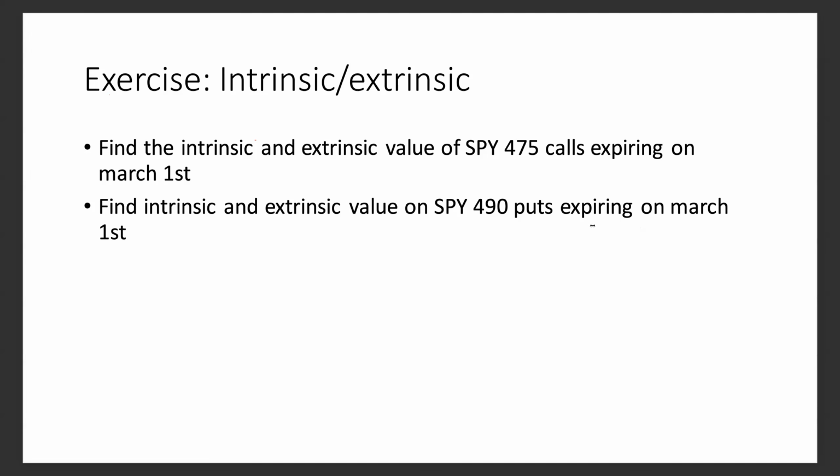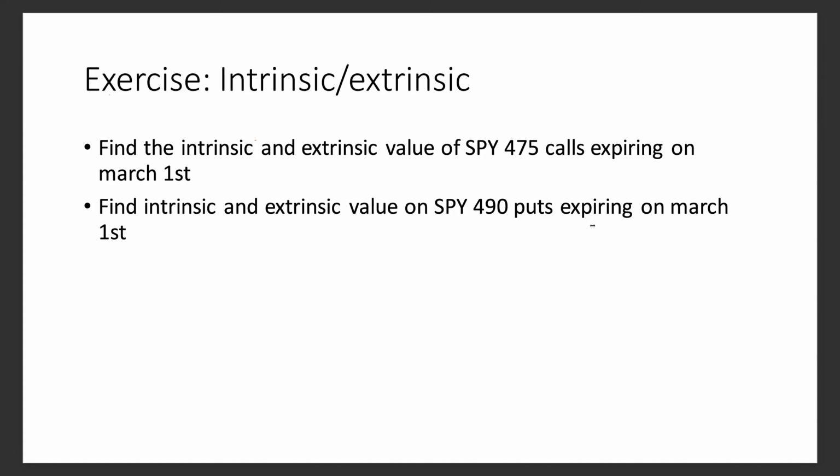So 490 puts are going for $10.03, according to Kevin. All right. So now, in order to calculate the intrinsic and extrinsic value of this put, before we get into the 490 calculation, the 490 puts are $5 in the money, by the way.